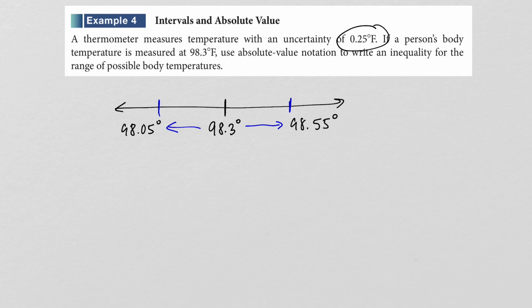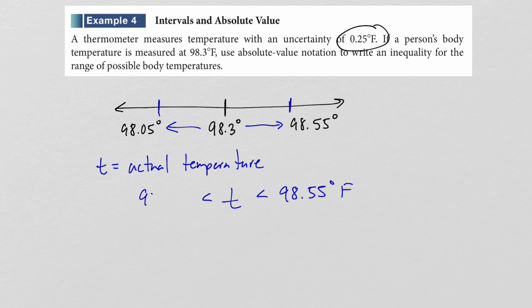So if we let T be the actual temperature, then we know that T must be a value in between 98.55 degrees Fahrenheit and 98.05 degrees Fahrenheit. And actually, you know what?